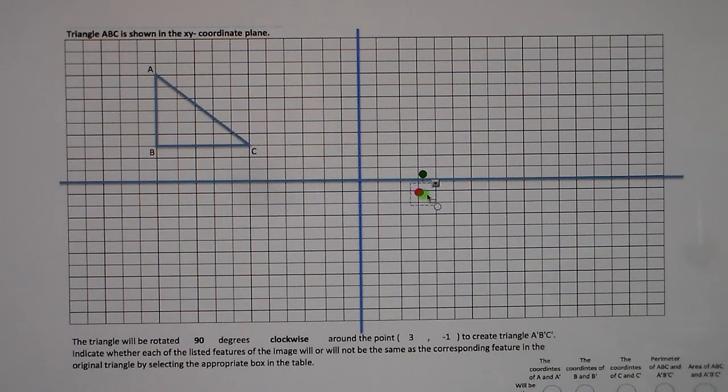So 9 to the left, 4 up is really 9 up, 4 to the right. That's the location of my C prime, because it's 9 to the left, 4 up. So I go 9 up, 4 to the right. That's a rotation of 90 degrees clockwise.